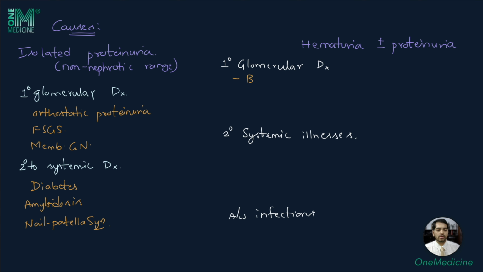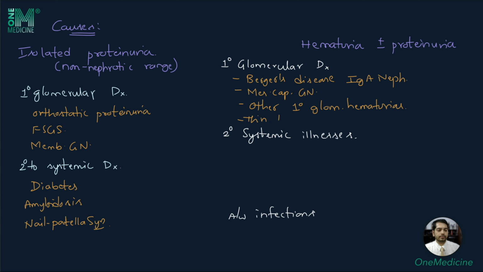Primary glomerular diseases include Berger's disease, that is IgA nephropathy, mesangiocapillary glomerulonephritis, and other primary glomerular hematurias. Primary glomerular diseases also include thin basement membrane disease.